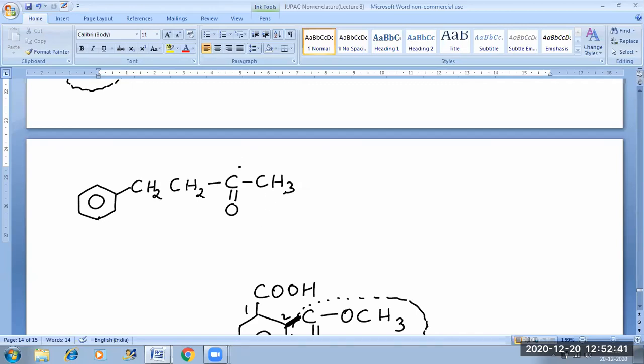So now you cannot write 1 here. This is wrong here because it is not directly attached to the benzene ring. So now you will number like this, and also you will try the other numbering and see.